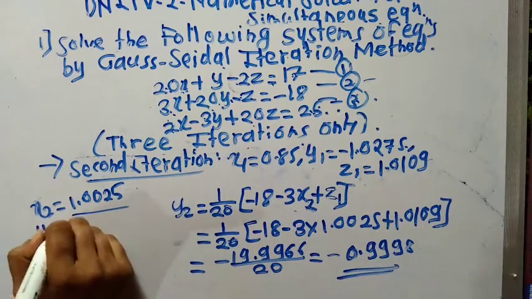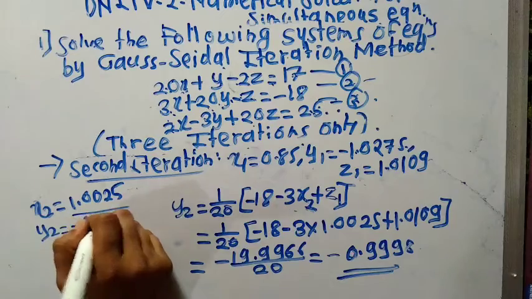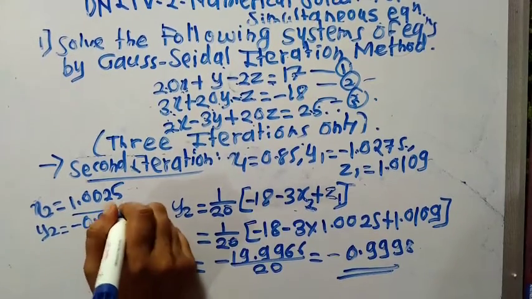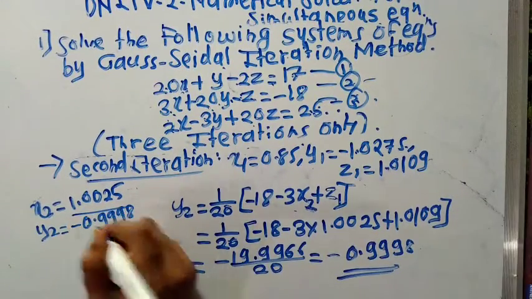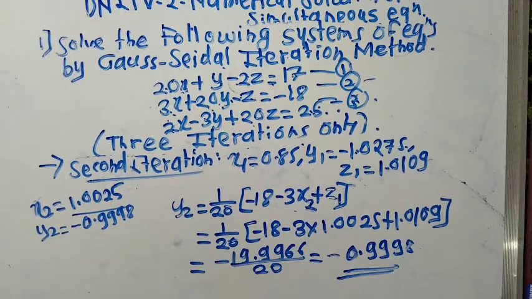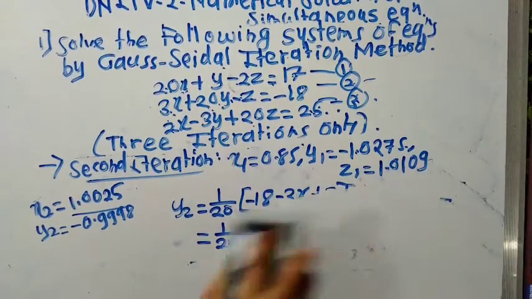So y2 is equal to minus 0.9998. Then find out z2.